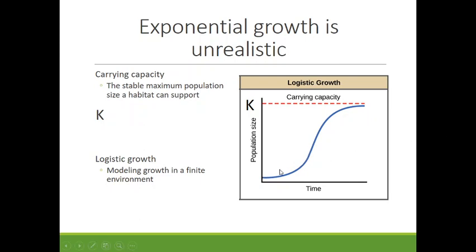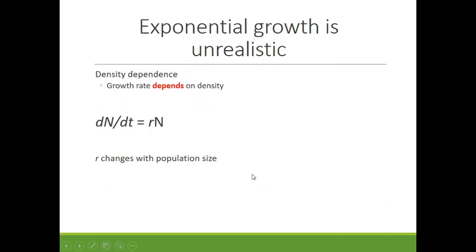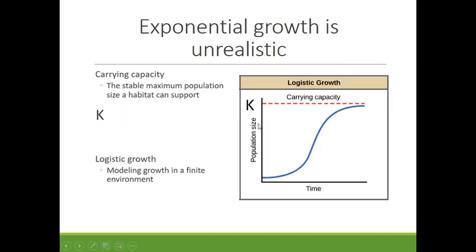Now, this curve right here is what's called logistic growth, okay? The logistic growth curve models the growth of a population in a finite environment. What does that mean?